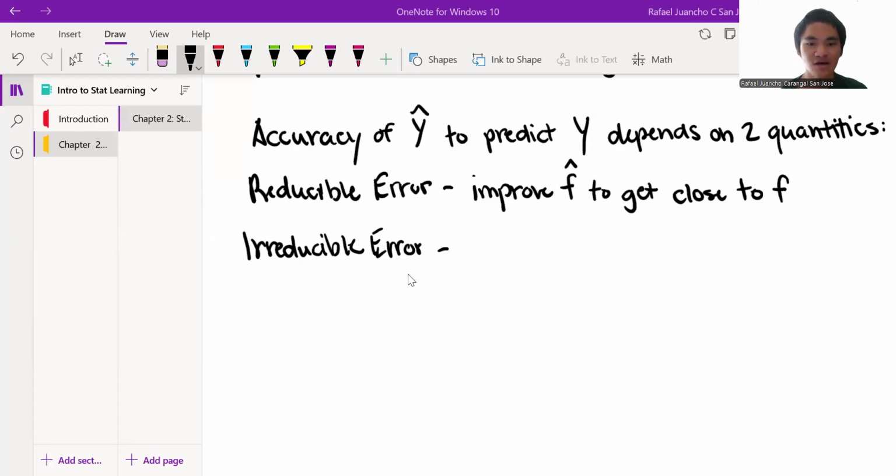Anyways, however, even if it were possible to form a perfect estimate for F, so that our estimated response is exactly that, our prediction would still have some error in it because y is also a function of epsilon, which by definition cannot be predicted using our predictors.